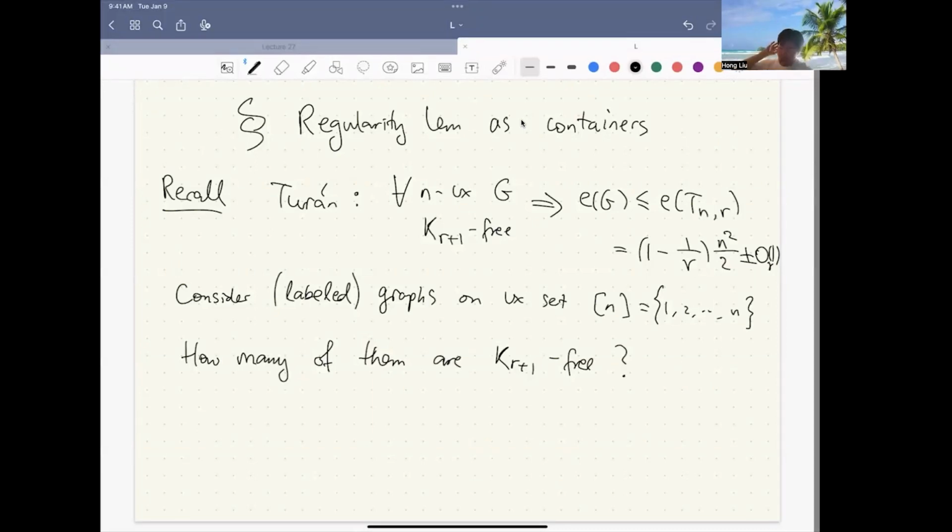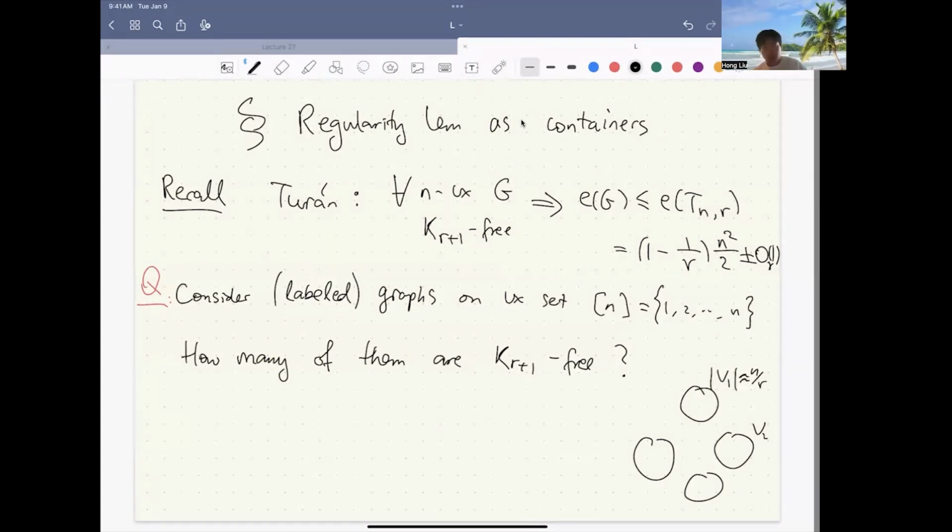A natural question. There's a simple lower bound. What's the simple lower bound? Anyone? Let's say r is 5, so you have your partition of the set of vertices into r parts of size roughly n over r, plus minus 1, and K_{r+1}-free means you have r parts.